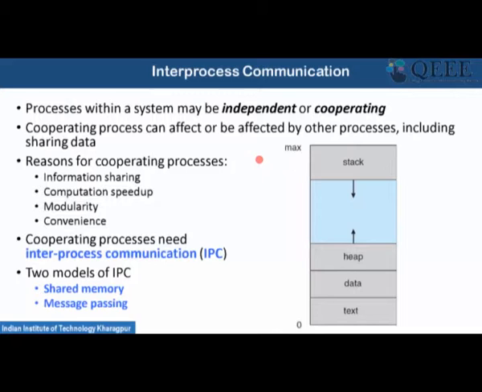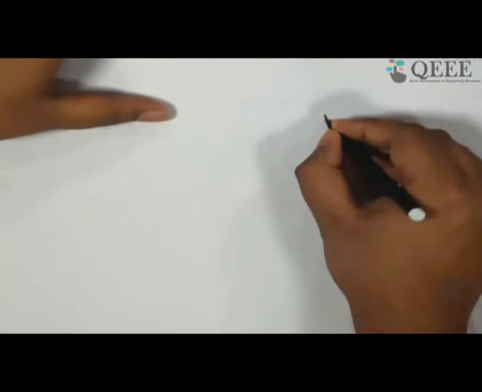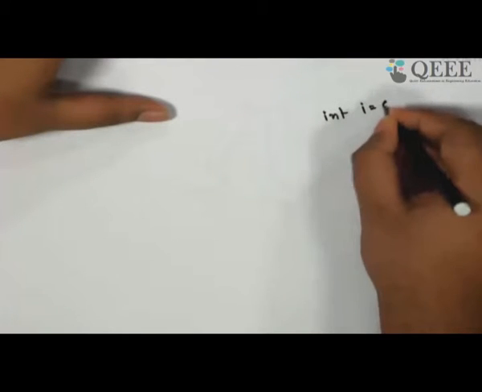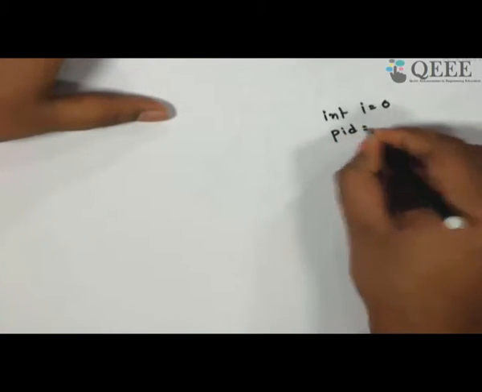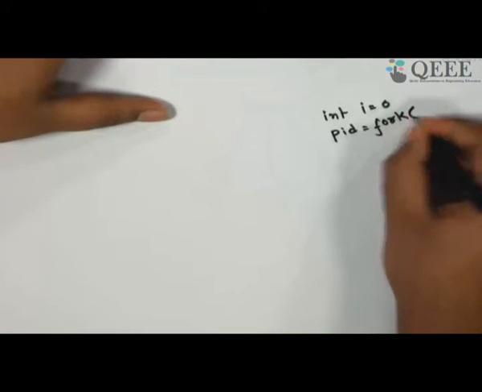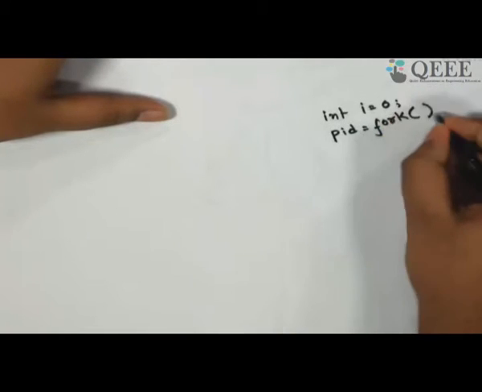So for example, if you declare a local variable, let me just show an example. Assume that you have declared a variable int i equal to 0, then you have created a fork system call to create a child process.